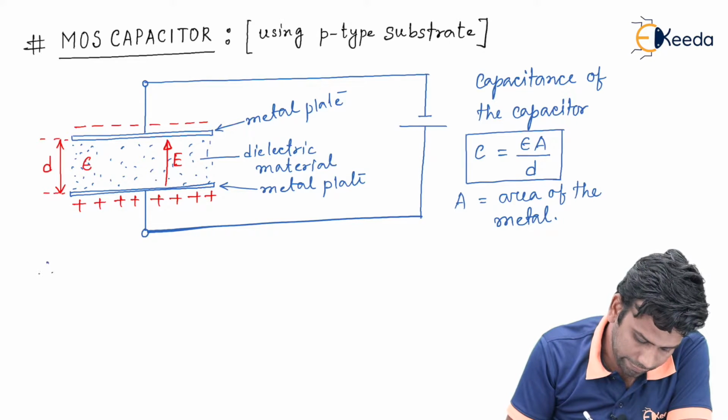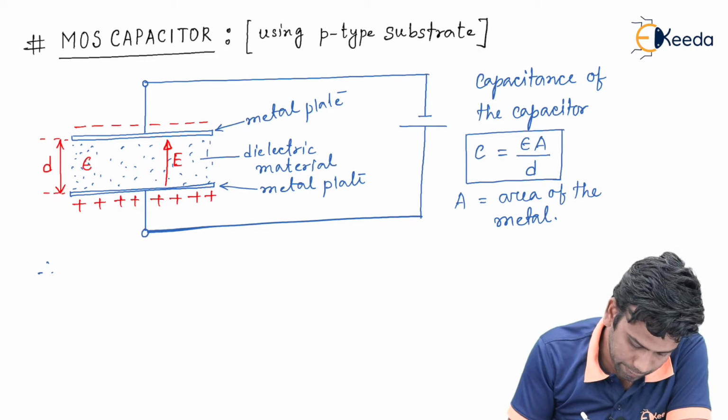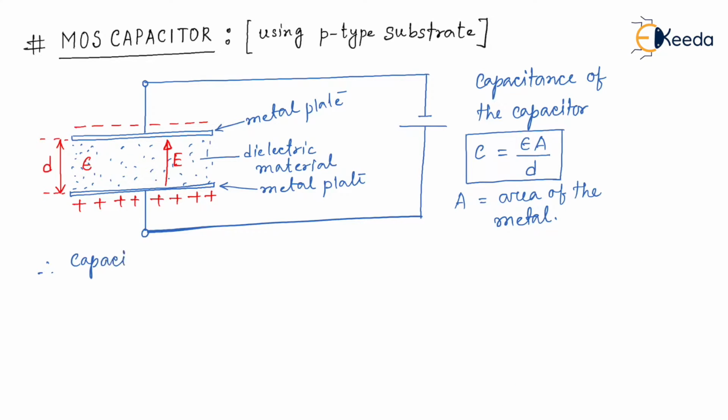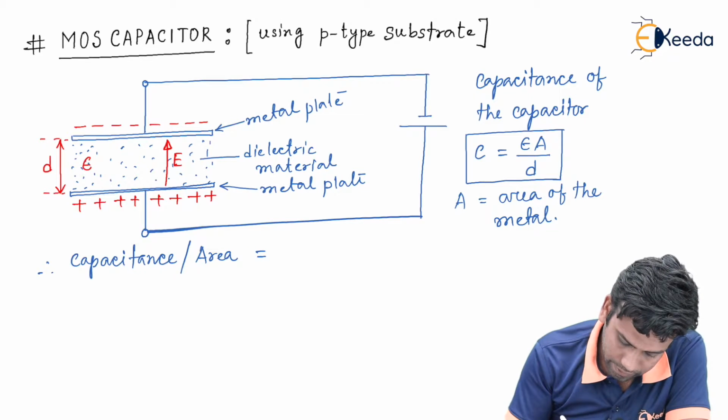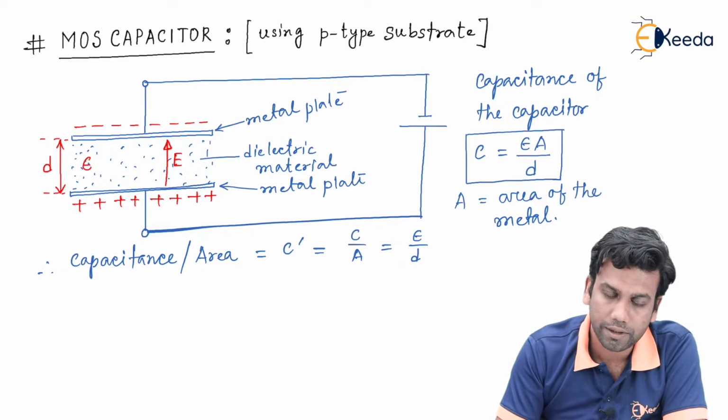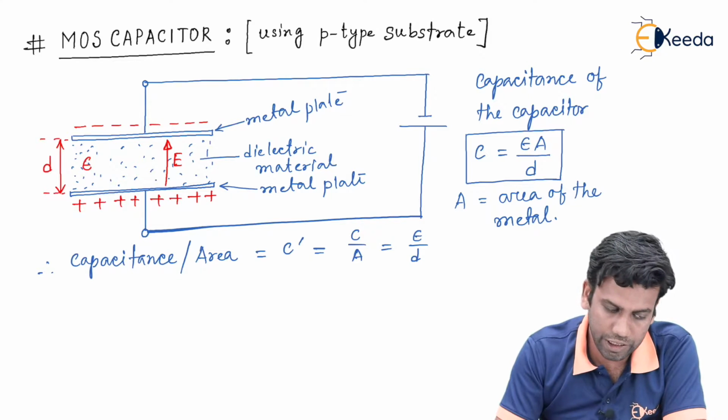Now the capacitance per unit area can be defined as C dash, then it will be C by A, that means epsilon by d.